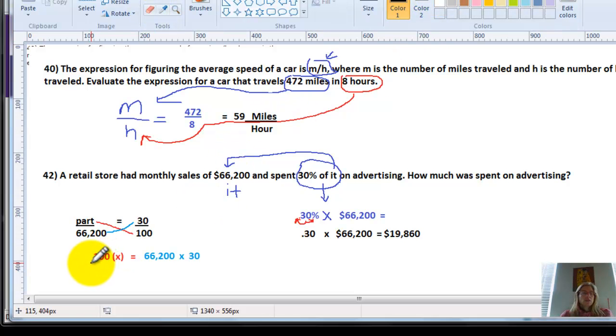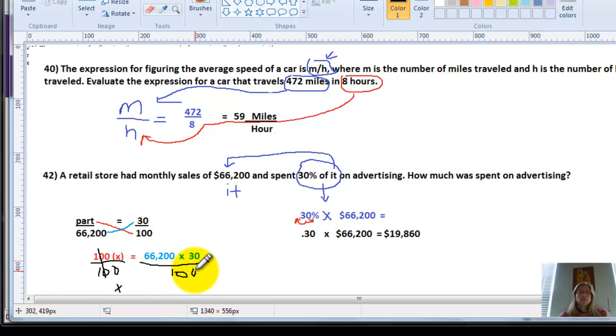You isolate the x by dividing both sides by 100. Because 100 is multiplied by x, so to take the 100 off, you divide. 100 over 100 equals 1. 1 times x is x, so you still have the x. But you have to divide both sides by 100 to keep the equation balanced.